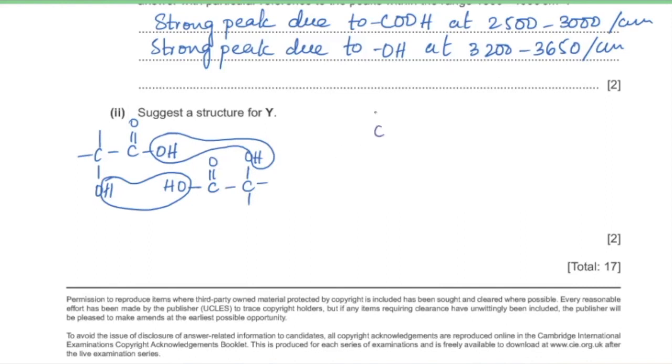Now we have CH2 and then CO. Now this carbon atom will be attaching itself to this oxygen atom. So oxygen, and then carbon, and then this carbon atom is attached to this double bonded CO, and then this carbon atom will now attach to this oxygen atom.